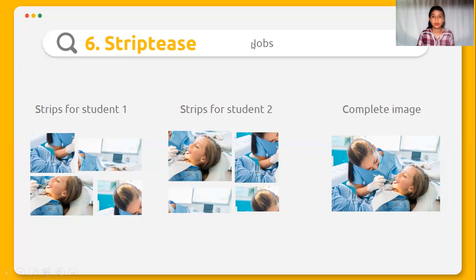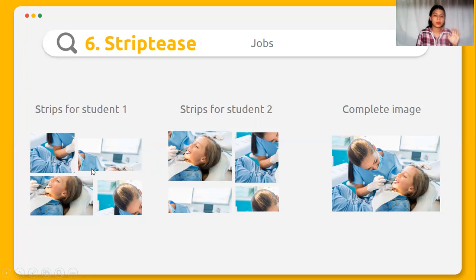And I put here the topic that I would like to use with this technique. So this technique consists in the teacher having to share a picture and then do this.